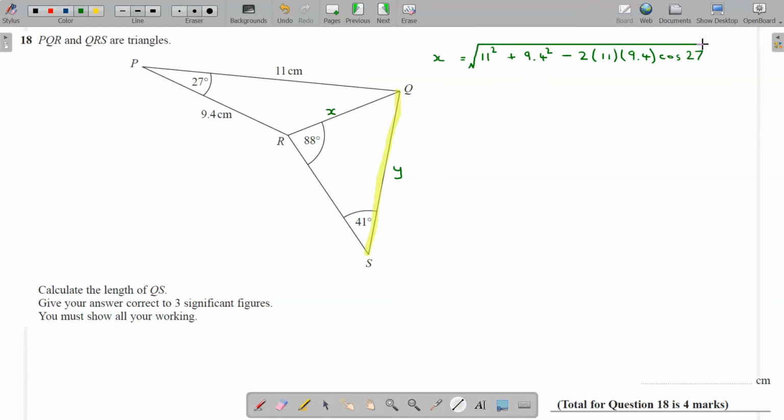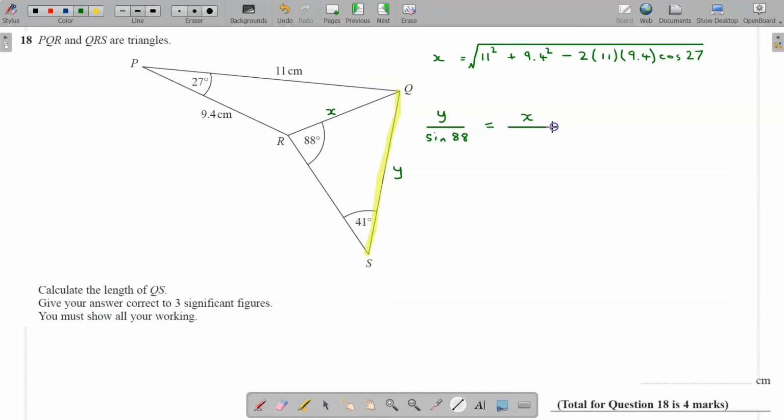So we now need an expression for y, and we know from the sine rule that y divided by the sine of 88, so y over the sine of 88, is going to equal the same as x over the sine of 41.